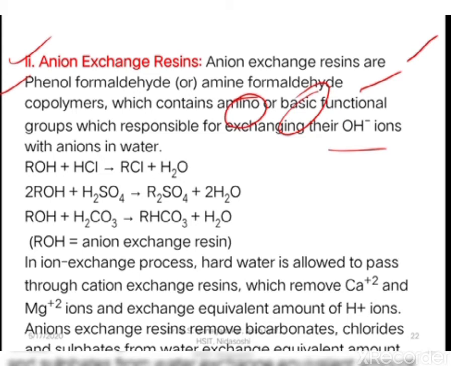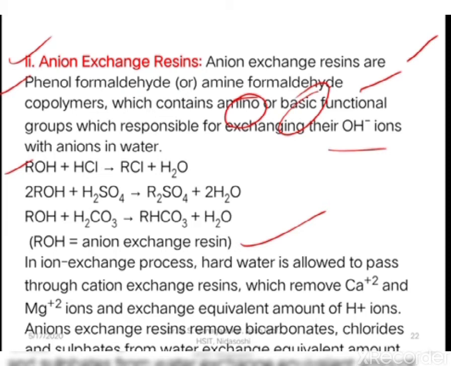Let us discuss here. ROH is what? Anion exchange resin. So when this comes in contact with the chloride ions, as we know from the previous reaction that I explained, you are going to get a byproduct: HCl, sulfuric acid or carbonic acid.